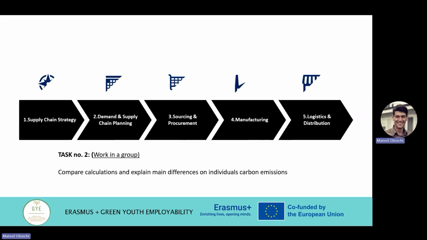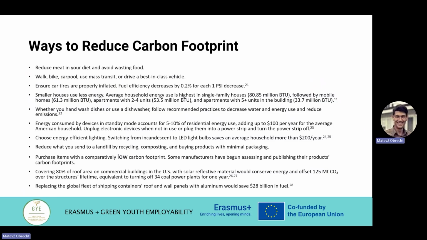Regarding the carbon footprint calculations that we have done now, if you do it yourself, you can compare the results with your friends, with your family, with your neighbors, and so on. So you can see where the main differences are, what the best ideas are to reduce the impact. You can brainstorm it with your friends as well.